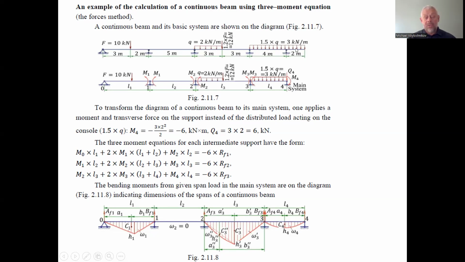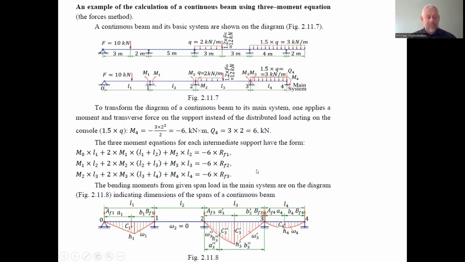Instead of the console action, the beam is substituted by the moment and by the shearing force. Shearing force is the area of this diagram for the console. For the length of 2 meters, we have 3 kilonewtons. So together we have the shearing force at the end, like 6 kilonewtons.